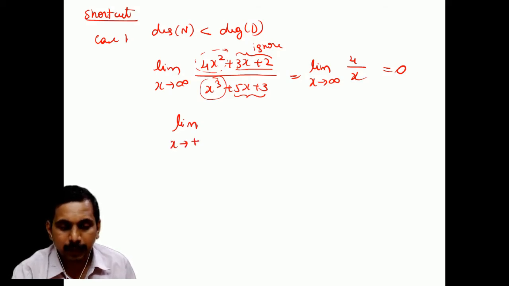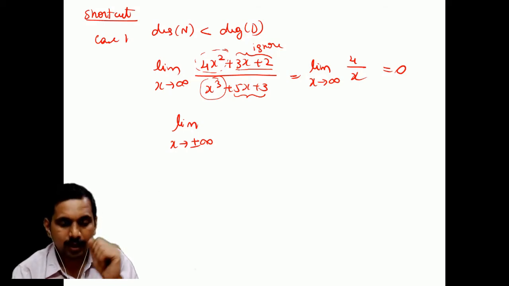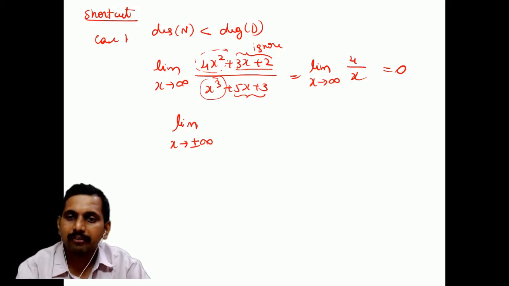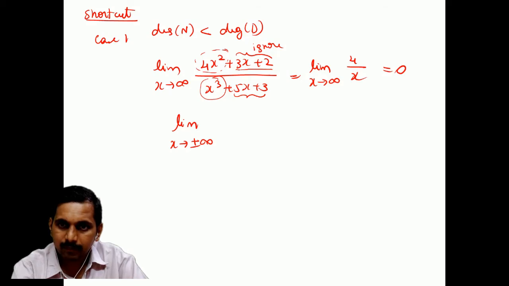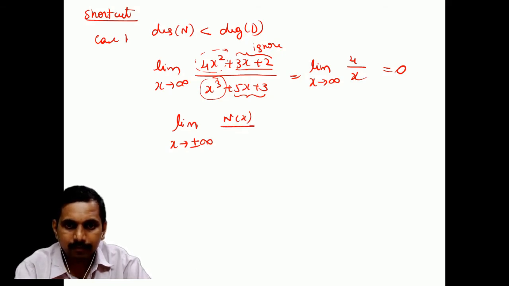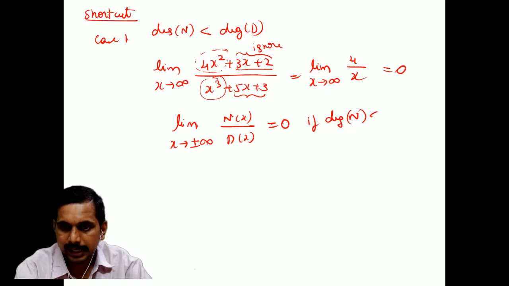x tending to plus or minus infinity, it's not just plus, minus also is involved here, whether it is plus or whether it is minus. If we have, say, n of x divided by d of x, it will always be equal to 0 if the degree of the numerator is less than the degree of the denominator.